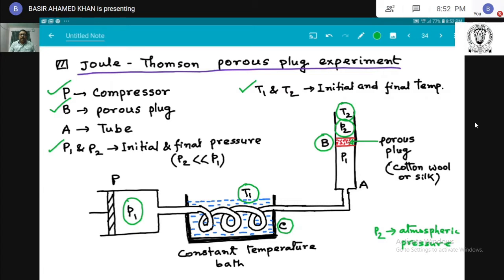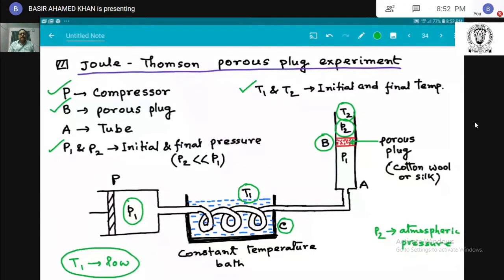I repeat again, if the initial temperature T1 of the gas is very low, sufficiently low, that means for a particular gas the initial temperature should be below its critical temperature.